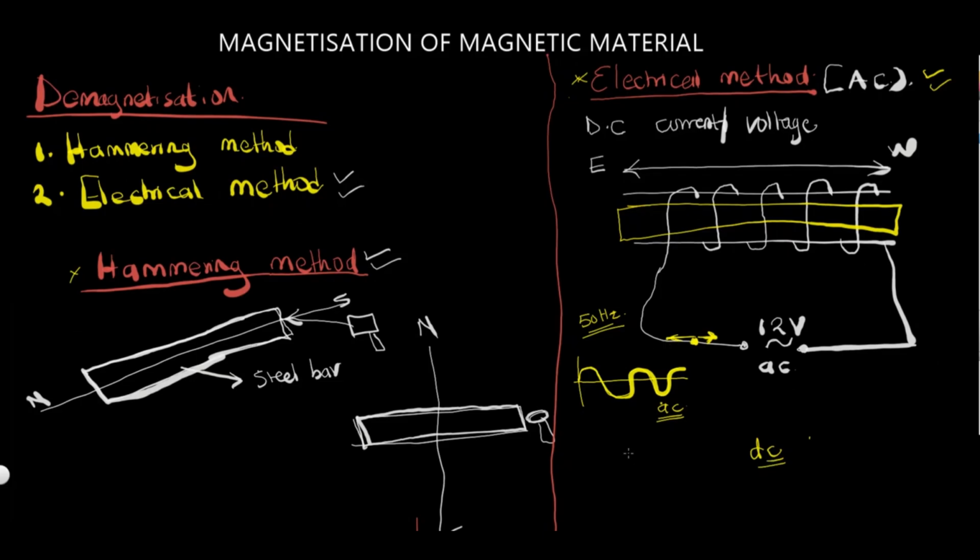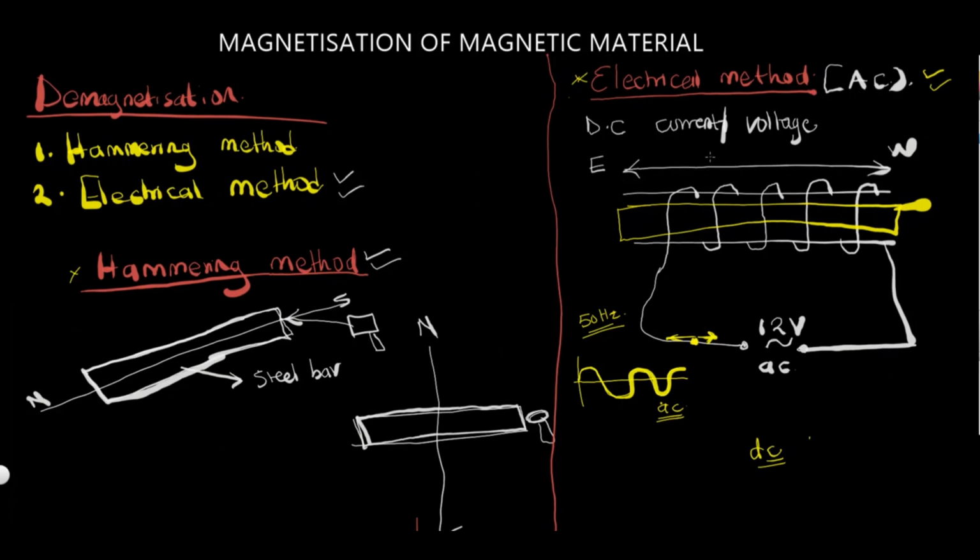Now a common question you might ask is, why do we have to align this solenoid in an east-west direction during demagnetization using alternating current? The reason why we align it in the east-west direction is so that this steel bar inside here does not retain some magnetism due to the Earth's magnetic field.